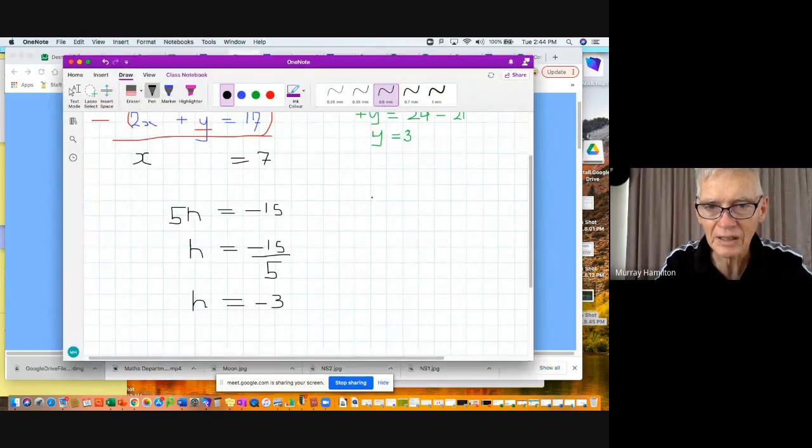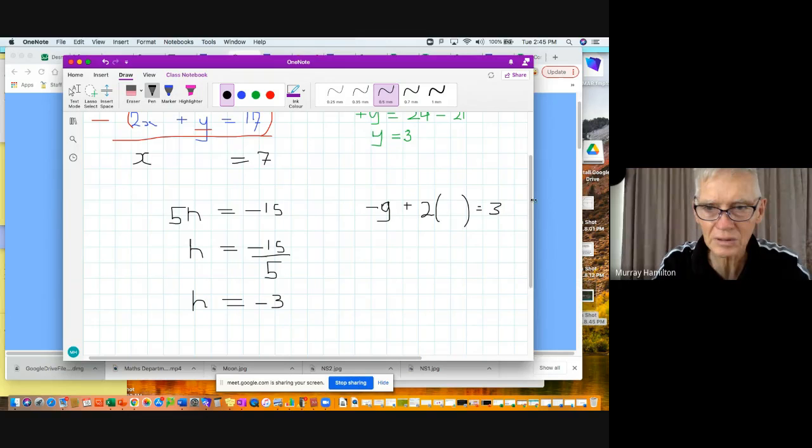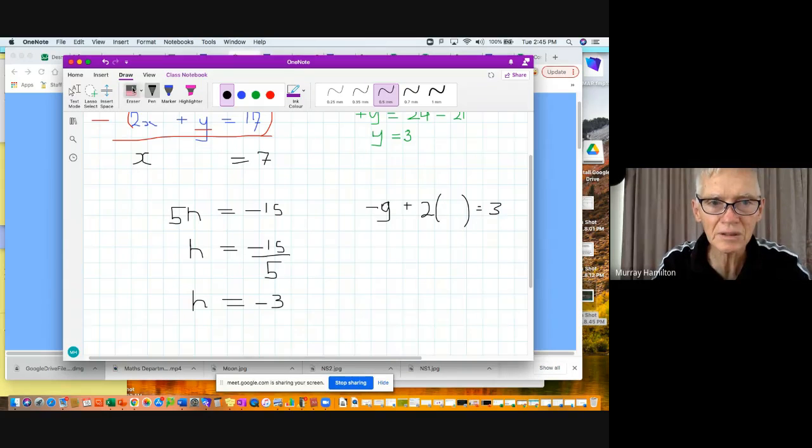Negative g plus 2h equals 1, so instead of writing the letter h, I'm going to put what it is. Now we've got h as negative 3, so I put negative 3 into that.